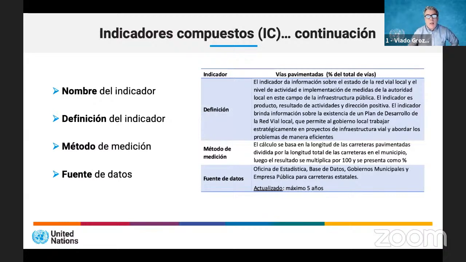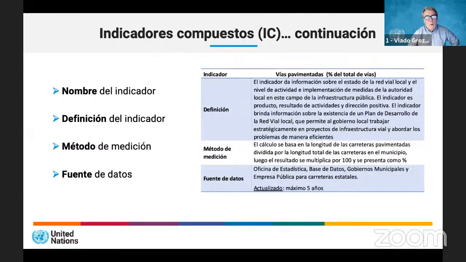Now, very important is where we are going to get this data from: either from our database, which we have built, or the statistical office, national or municipal government, or public enterprises or utilities, let's say water utilities, or the road public utility for road maintenance.